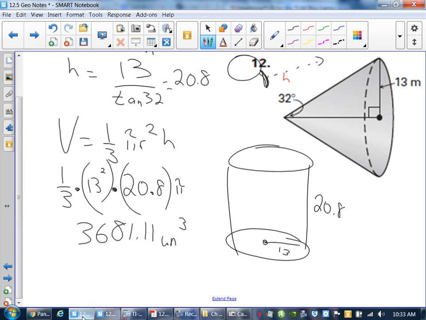If I took sand, the cylinder and the cone with the same height at 20.8 and radius at 13, and filled them up with sand, I would have to use 3 cones to fill up the same amount of space inside the cylinder.